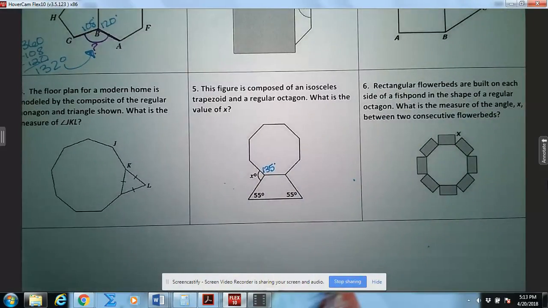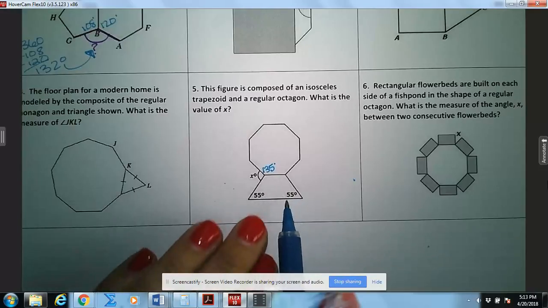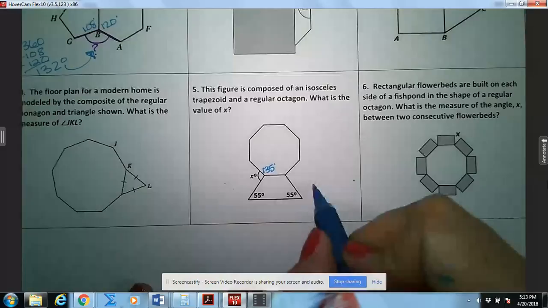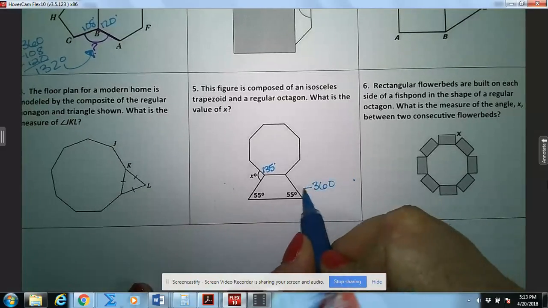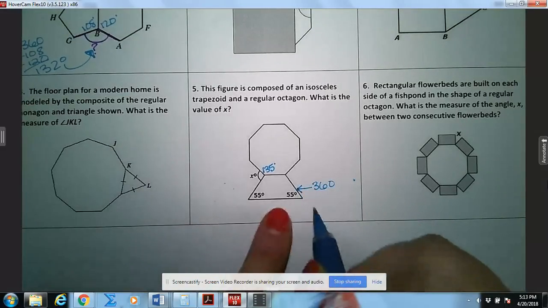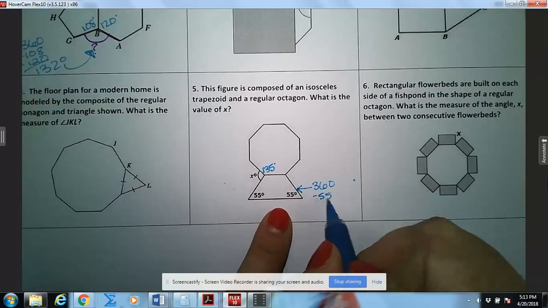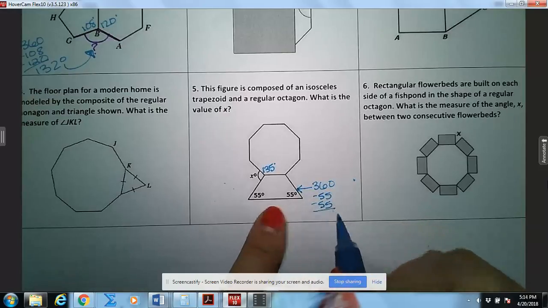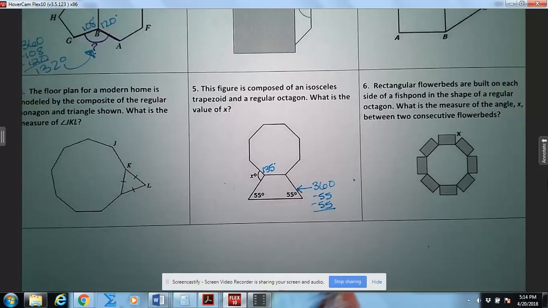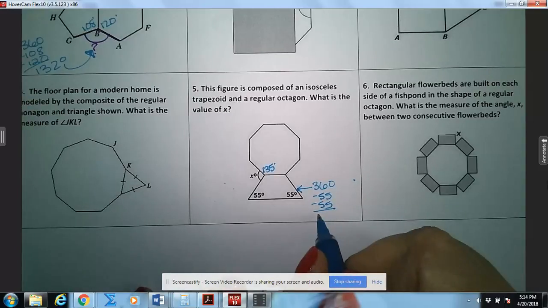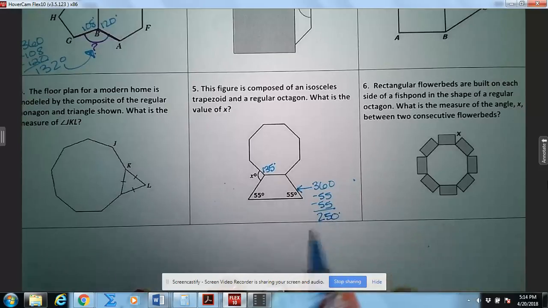We also know that the sum of any quadrilateral is 360 degrees. Now this is not a regular shape. We've got 360 degrees built into this shape here, and they've used 55 and 55 for the base angles of this trapezoid. So 360, take off those two 55s, leaves me with 250 degrees.